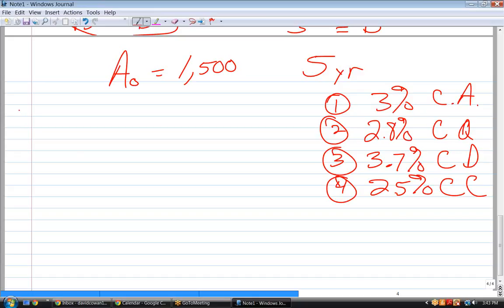We've got three equations. We've got compounded annually, where the amount is equal to, do you know these three equations?